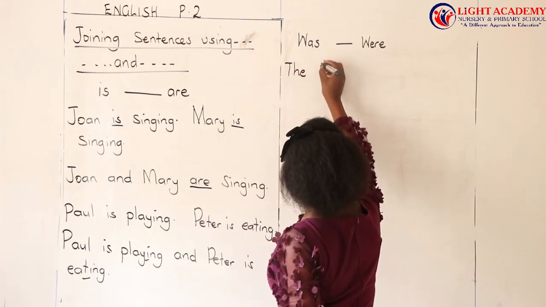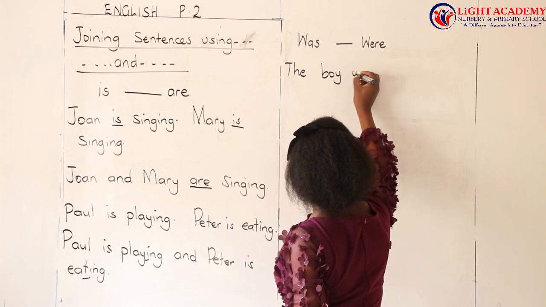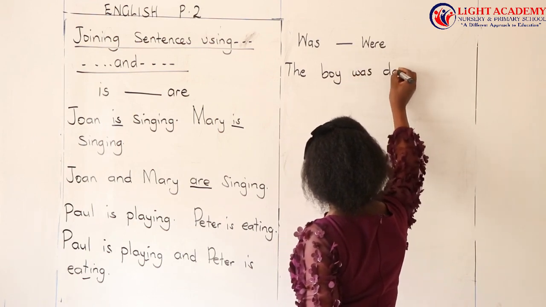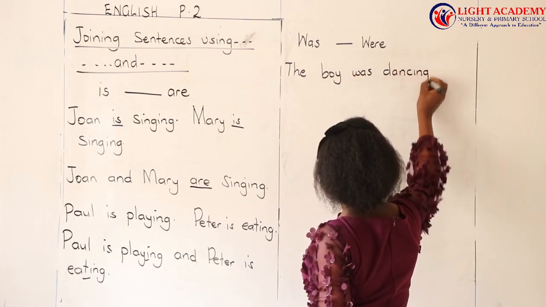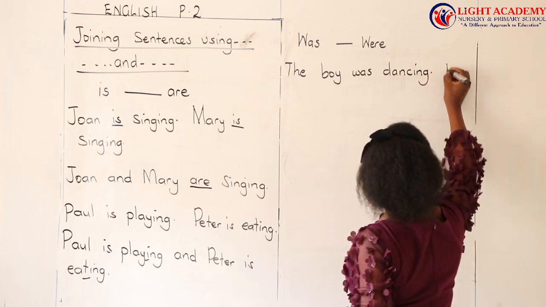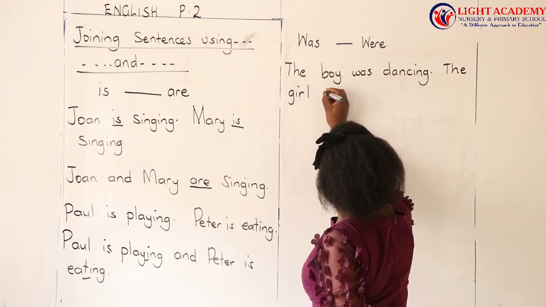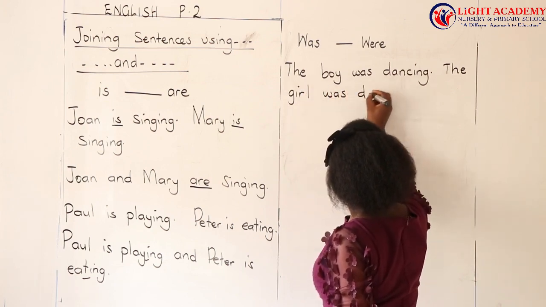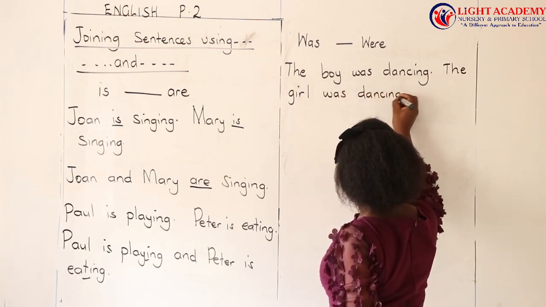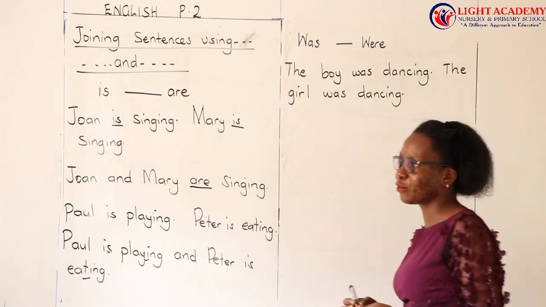Example number 1: The boy was dancing. The girl was dancing. You put a full stop.